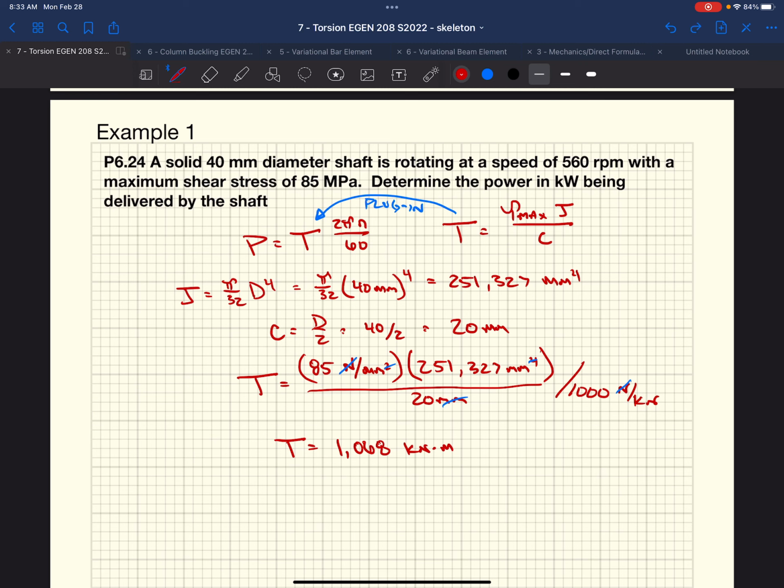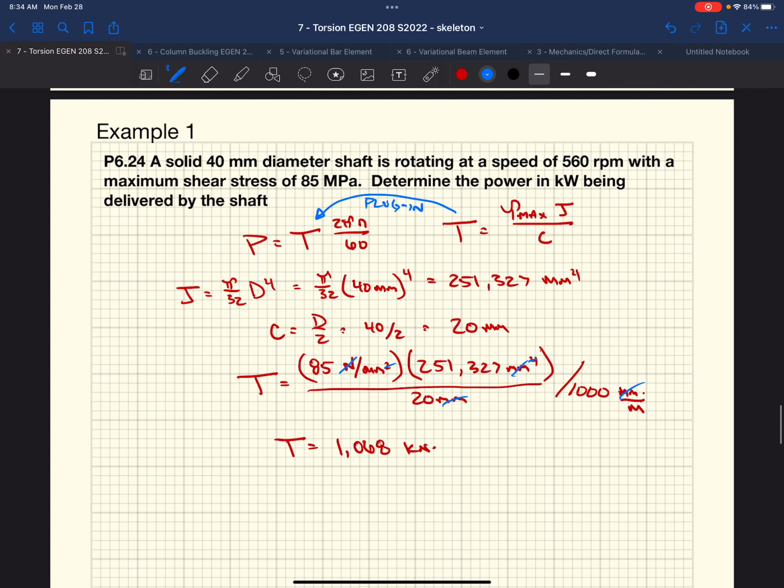Oops, that's not the conversion I wanted, sorry. I jumped. I'm going to say there's 1,000 millimeters per meter, so now I'm going to get rid of all my millimeters. I wanted it in newton meters.